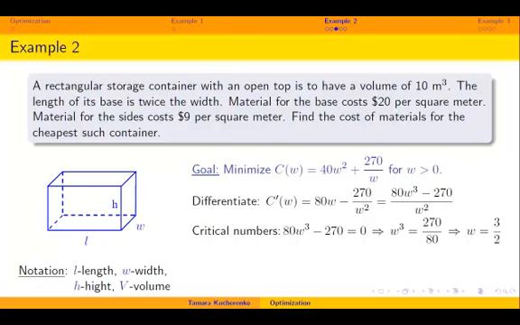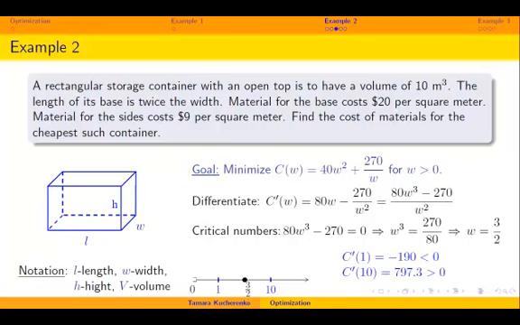We use the number line to find intervals of increase-decrease. We pick test points to be 1 and 10. We substitute the first test number 1 into the formula for the derivative and get C prime of 1 equals negative 190.